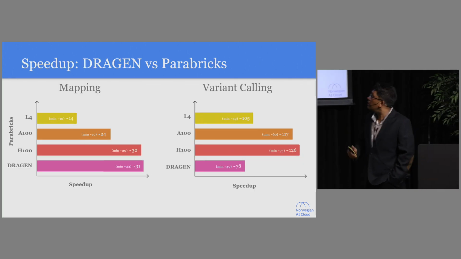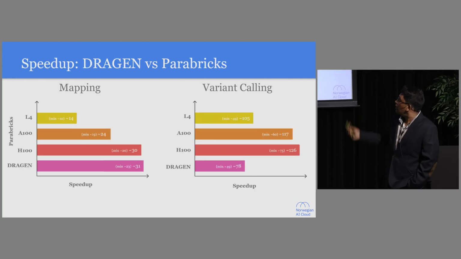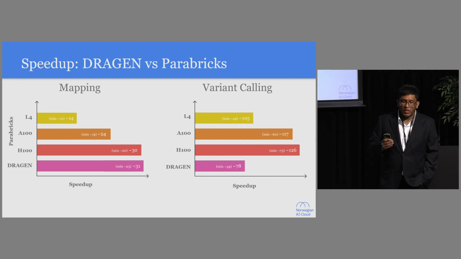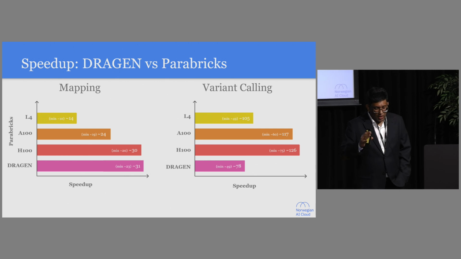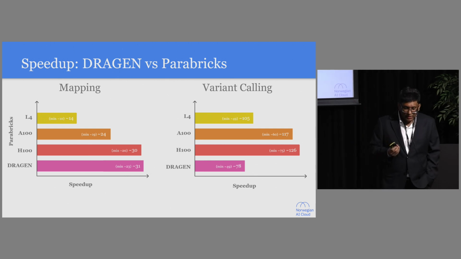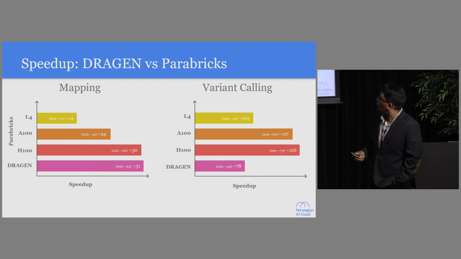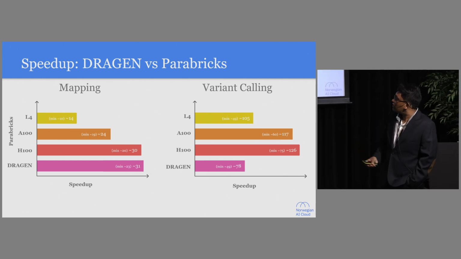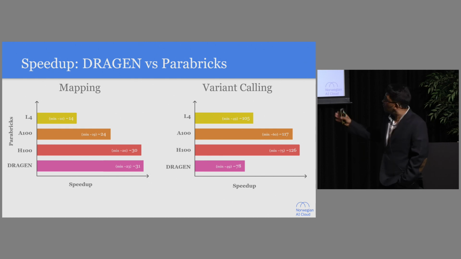Let's compare the speedup of DRAGEN and Parabricks in different stages of an NGS workflow. In a basic NGS workflow, there are two main stages. We call them mapping and variant calling. In this slide, we are comparing the speedups gained in different accelerated platforms for these two stages.